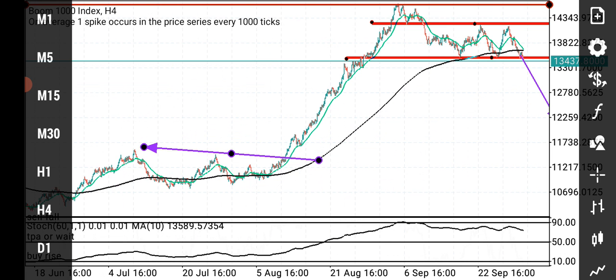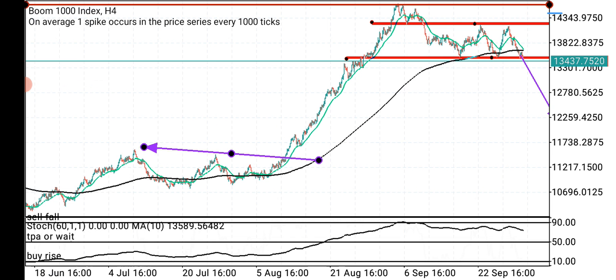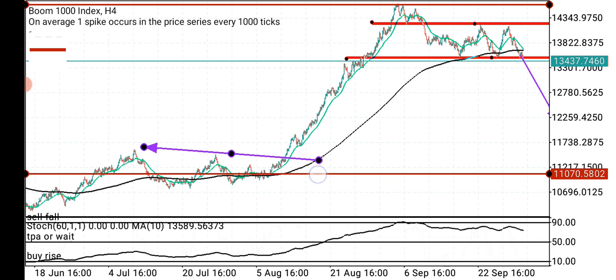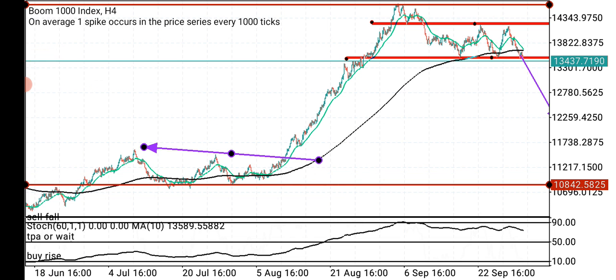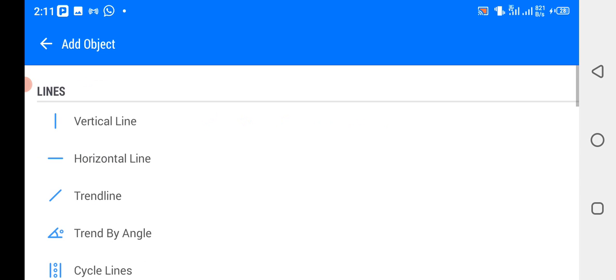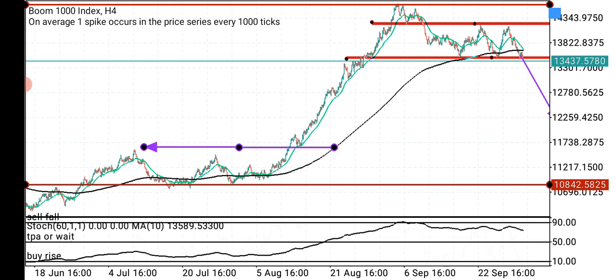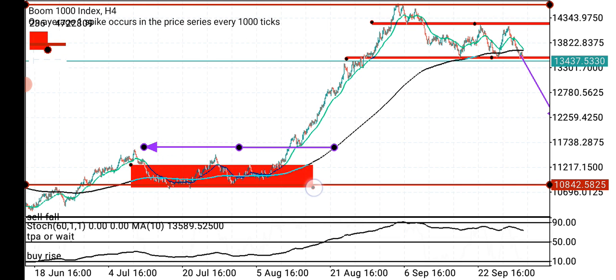Then you also have to do another one here, and notice that this is a zone. Just get a kind of red triangle, then do something like this as it is forming, and you notice that this is real.